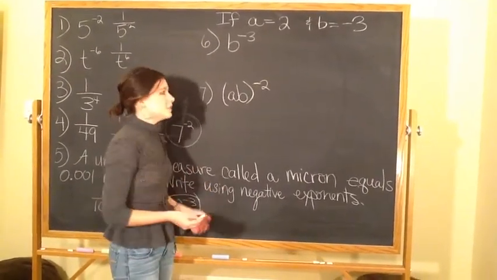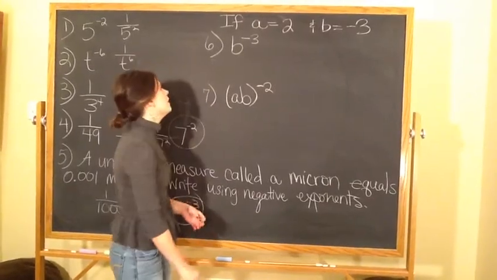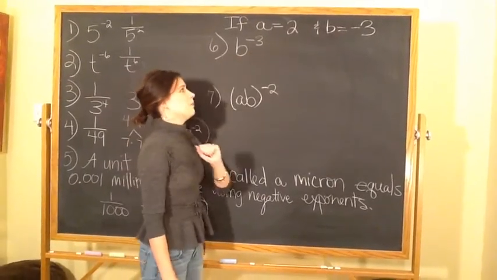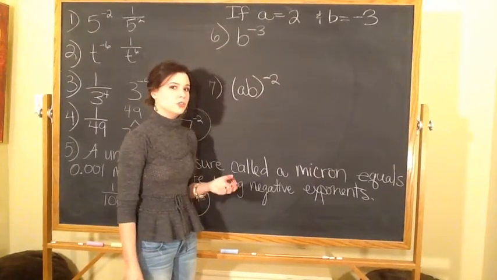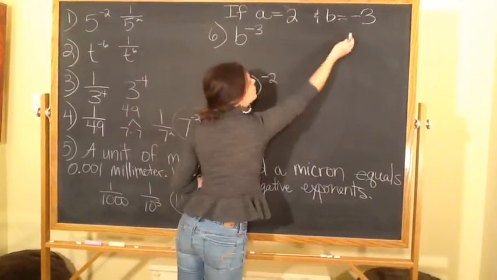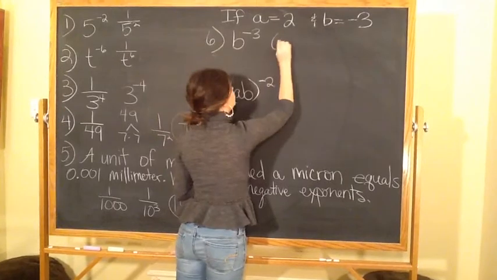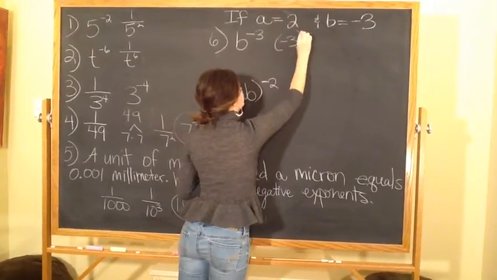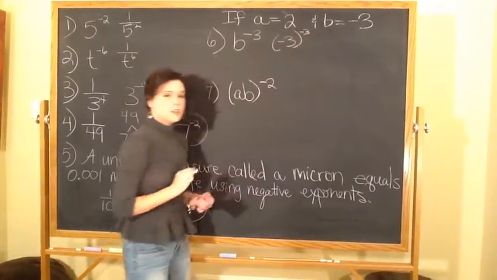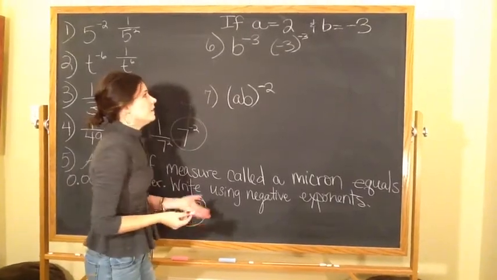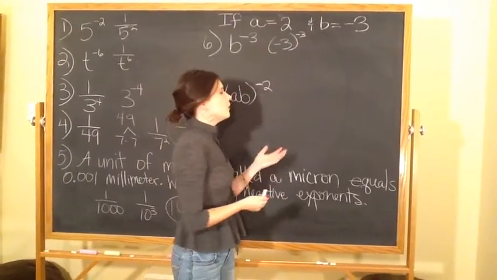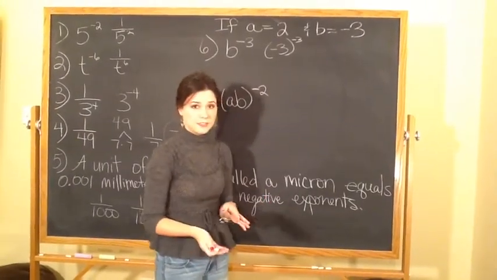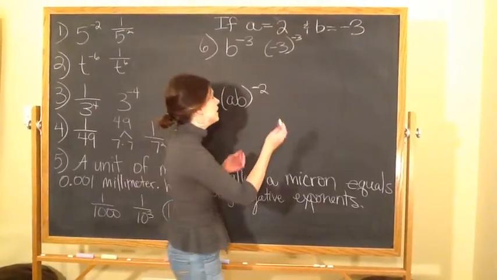Alright, now let's try to apply this with variables. So we're going to plug in numbers for variables and solve. If we have b to the negative third power, the first thing you always need to do is plug in what your variable is equal to. So b is equal to negative 3. So we're going to do negative 3 to the negative third power. Right now we have a negative exponent, and sometimes it's easier to work with positive exponents by putting it in the denominator, so that's what I'm going to do.